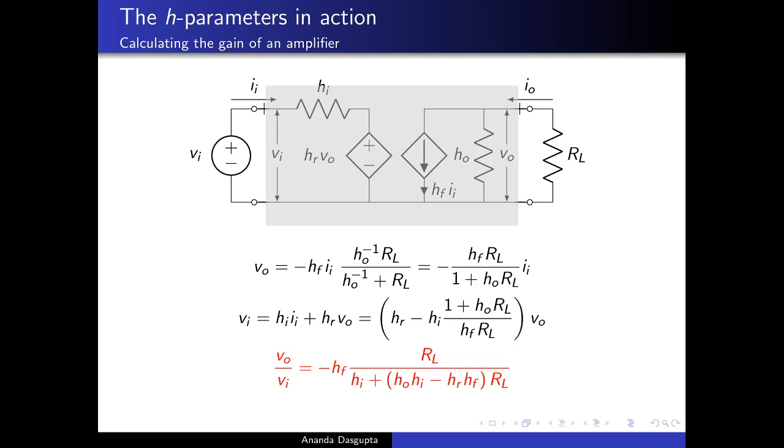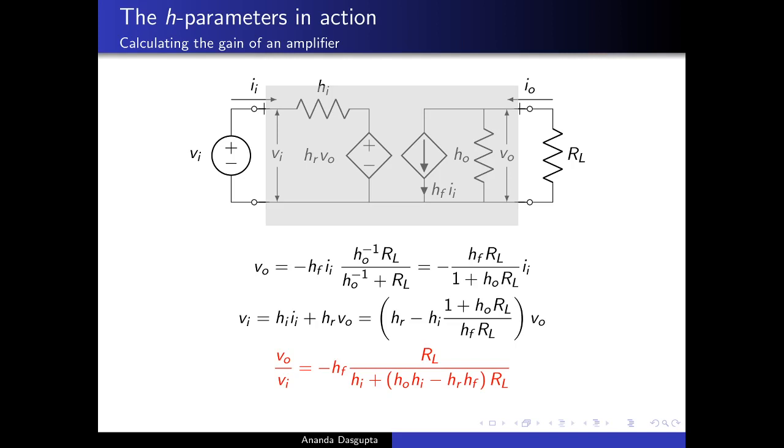And at this stage, let me just point out one thing. Very often we will be using this circuit for analyzing transistors, and transistors in particular in the common emitter mode. You may not understand what that is right now. Don't worry, we will describe all that later.